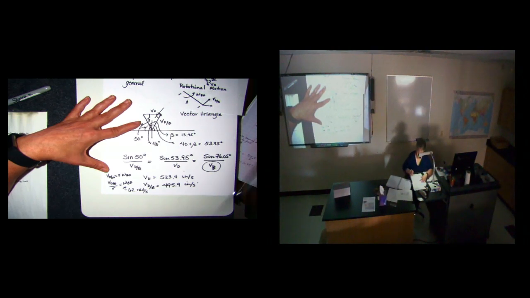Things that we've done since we're in grade school. I've got a box. We're going to move the box along the way. Key is without slipping, okay? We're not going to have any slip.